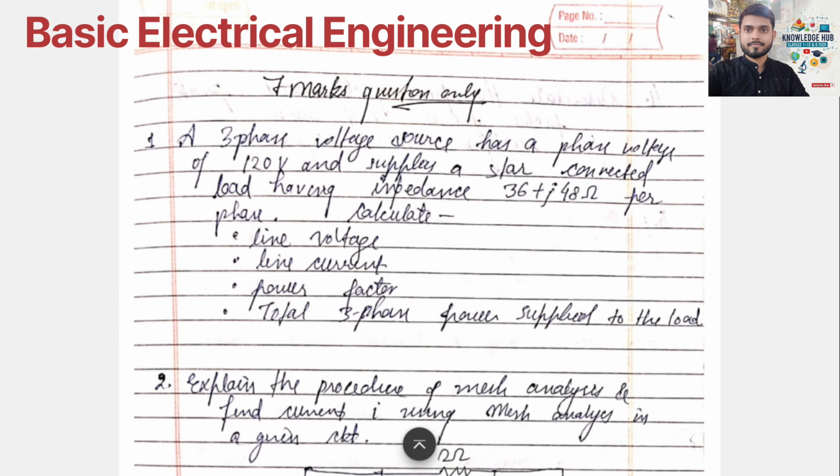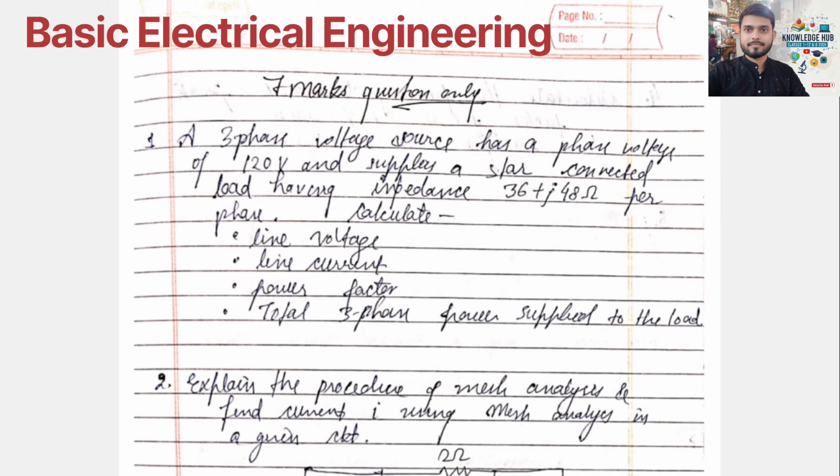Now 7 marks questions from Unit 2 of Basic Electrical Engineering. Number 1: a 3-phase voltage source has a phase voltage of 120 volt and supplies a star-connected load having impedance 30 + j48 ohm per phase. Calculate the line voltage, line current, power factor, and total 3-phase power supplied to the load.